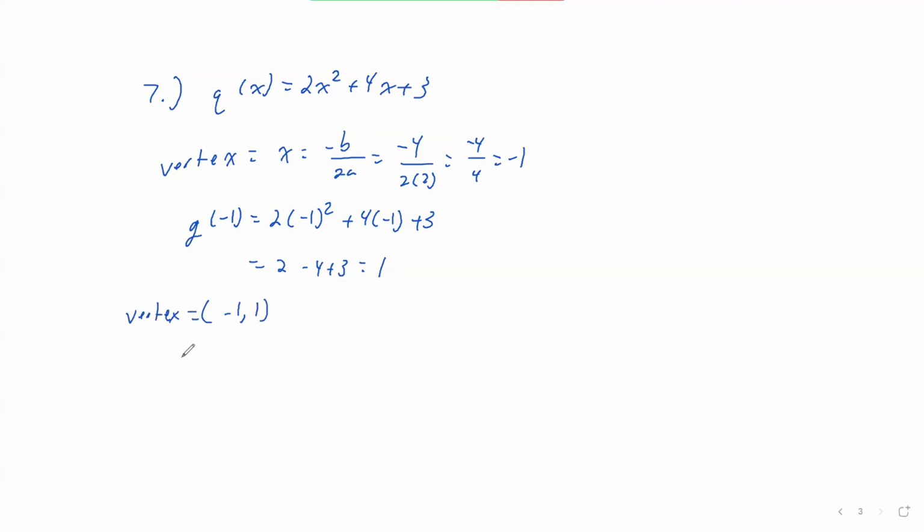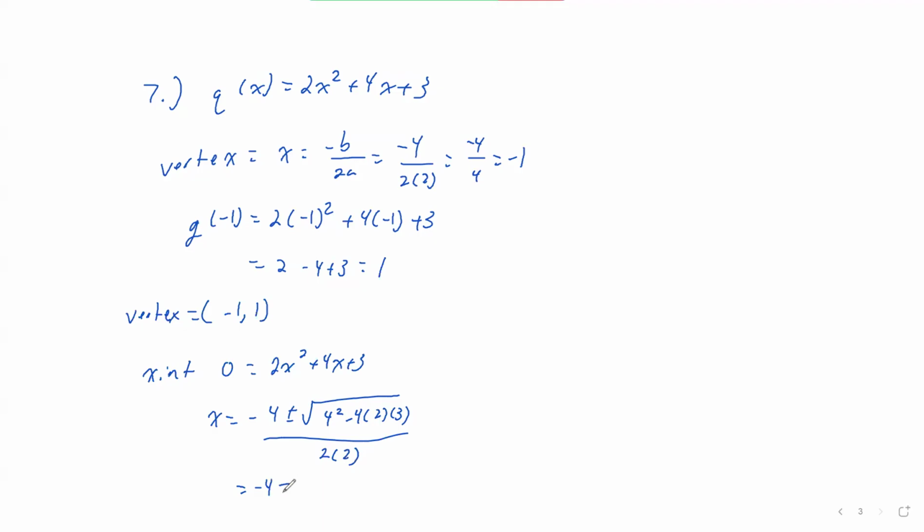And then we need the x-intercepts. To find my x-intercepts, I do 0 equals 2x squared plus 4x plus 3. If I try to factor this, I need two numbers that multiply to 6 but add up to 4, which is impossible. So x equals negative 4 plus or minus the square root of 4 squared minus 4 times 2 times 3, divided by 2 times 2.